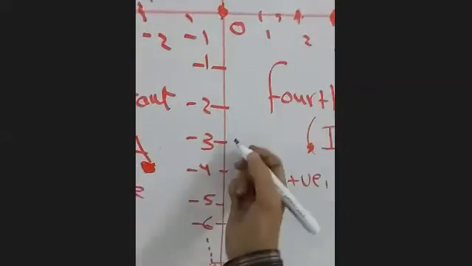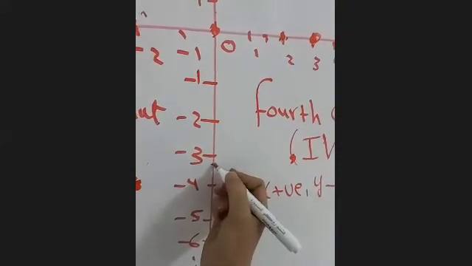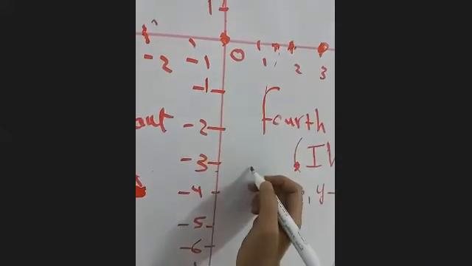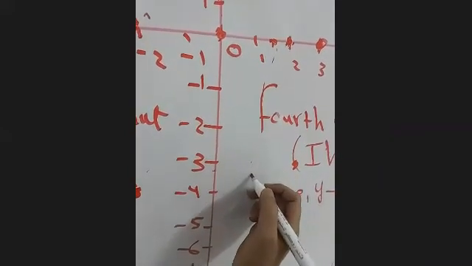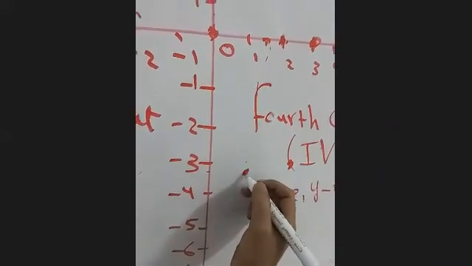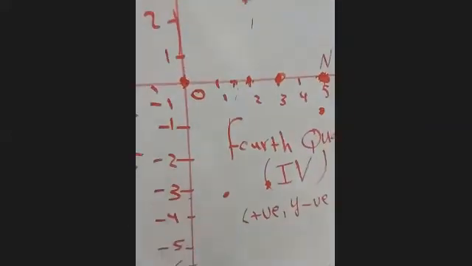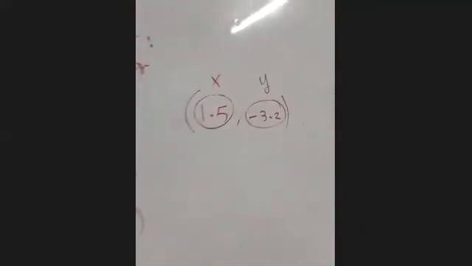Do we have -3.2? No, it's after -3 a little bit. So I will go from 1.5 down, a little bit past -3, to -3.2. It's approximated, rounded. This is how we plot decimals.